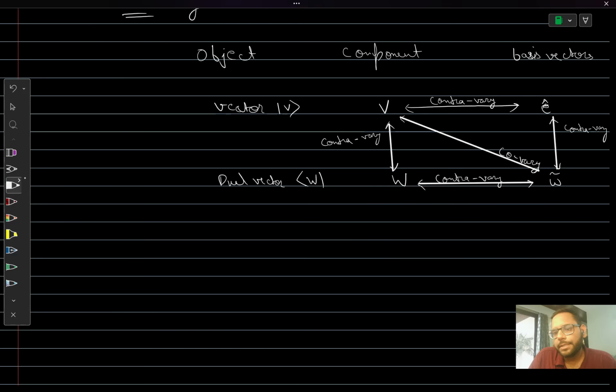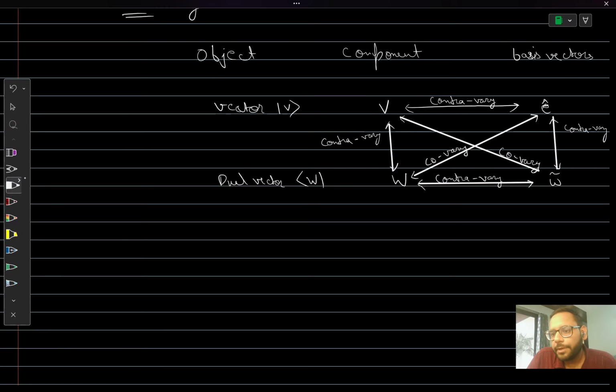If this is increasing, this must also increase. If they are both increasing, or if one of them is decreasing, the other must also be decreasing. So these two also will co-vary. So the things which are contravarying, we place the indices in opposite sense, and which are co-varying, we place the indices in the same place.